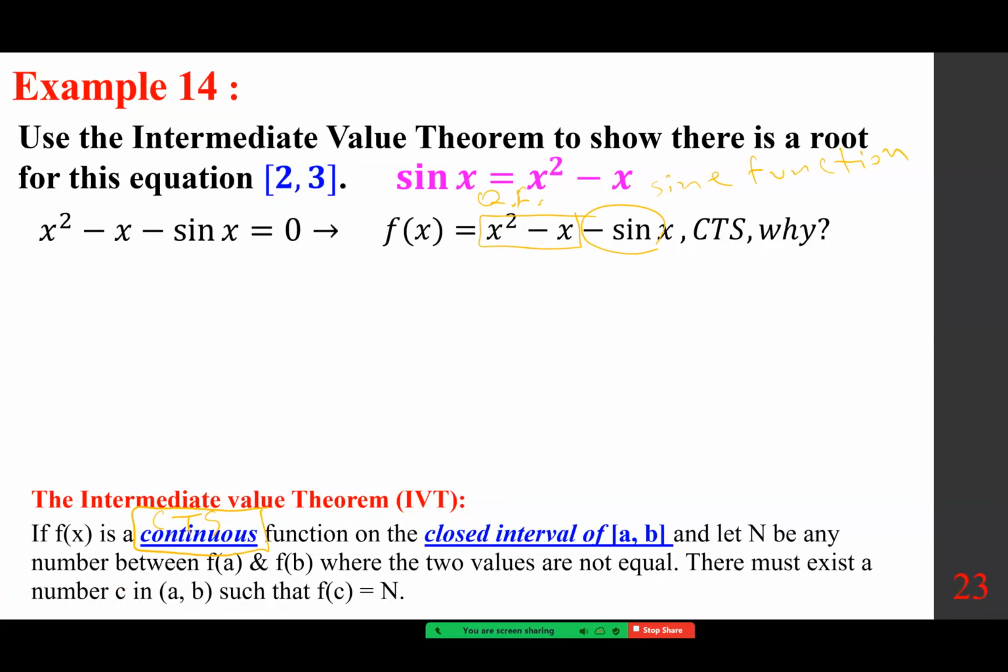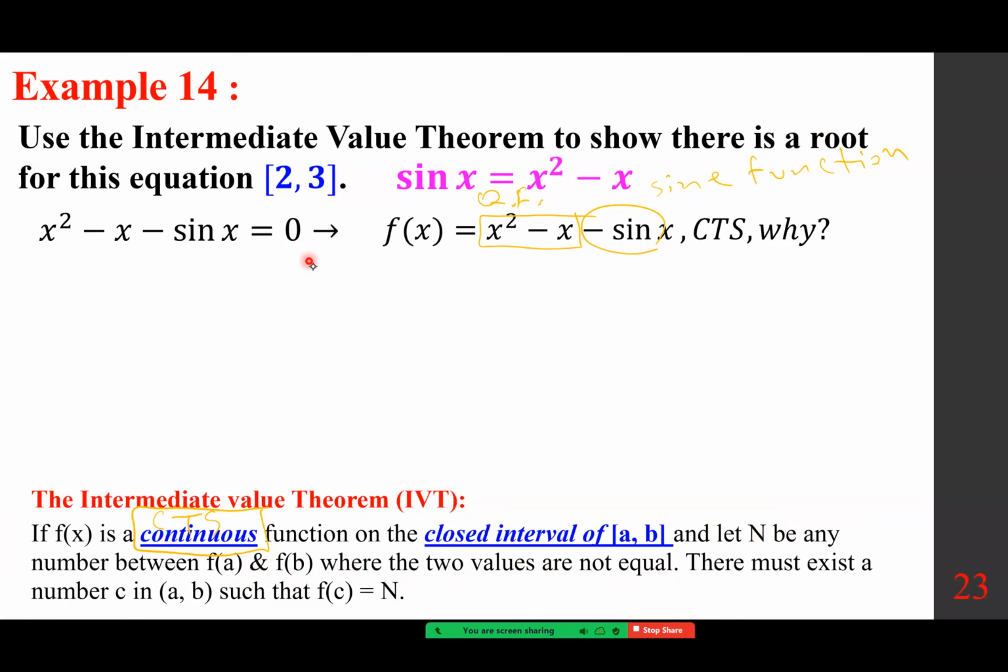So all we have to find, again, I want to make sure we understand the concept here. If f of a and f of b were two values that are not equal, then let n be any number in between. We use this normally to show roots. Remember, if I can find a functional value, a y-coordinate which is negative, and another one which is positive, then when we say the root, that means in between, that means 0.